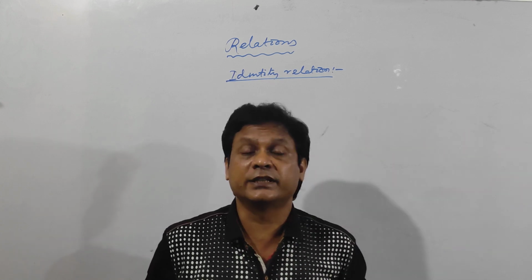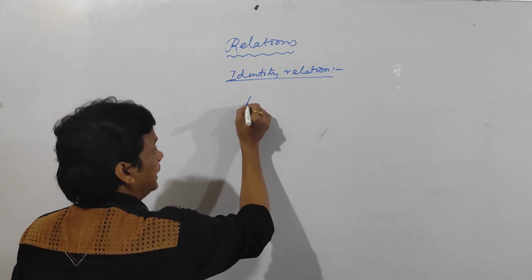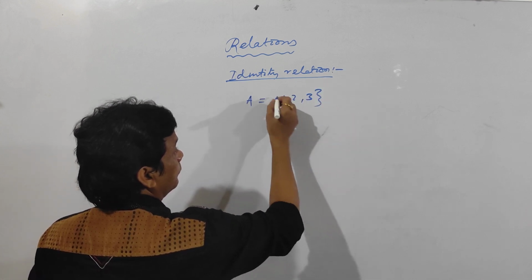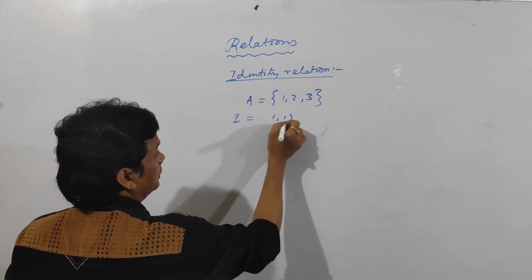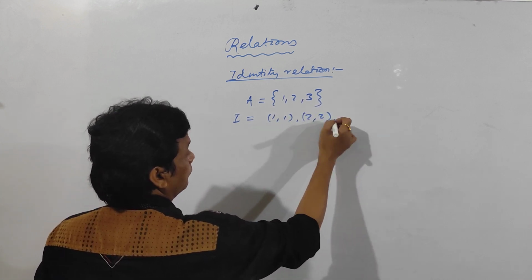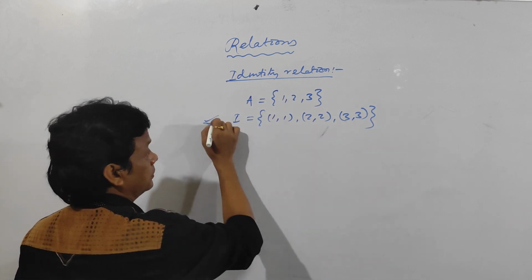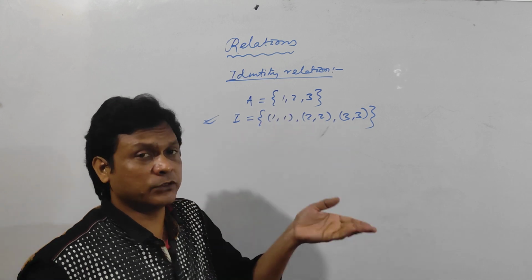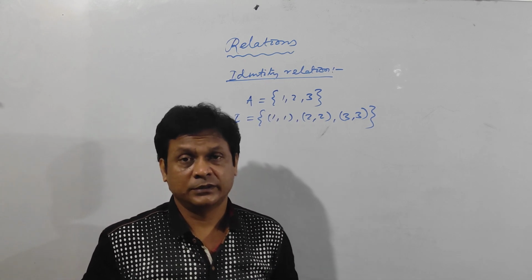It should be related to itself only. I will give you an example. If A is equal to {1, 2, 3}, then the identity relation I is equal to {(1,1), (2,2), (3,3)}. This much. The identity relation of the set A is (1,1), (2,2), (3,3). Every element should be related to itself only, not to any other elements. Clear?